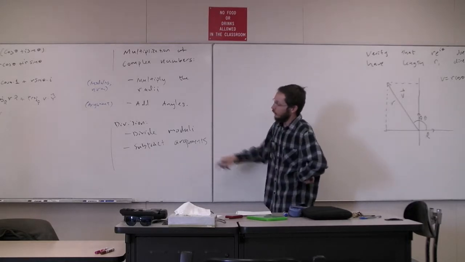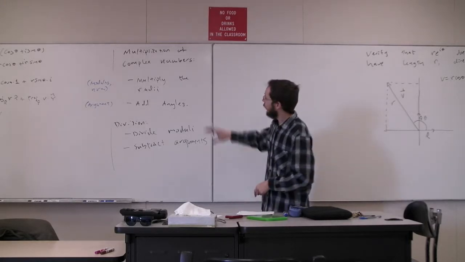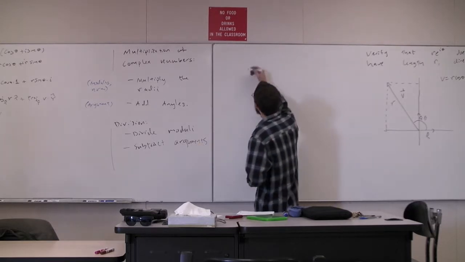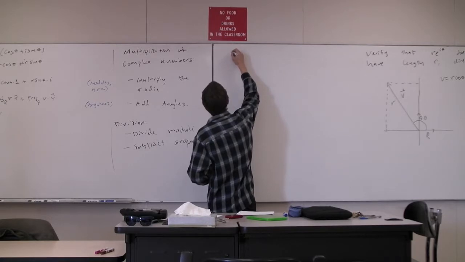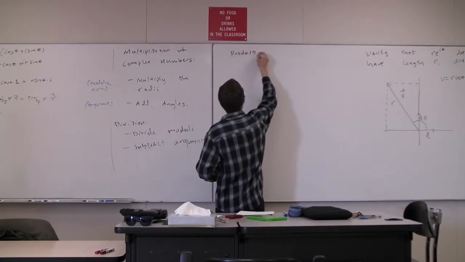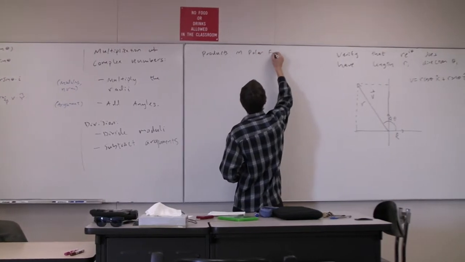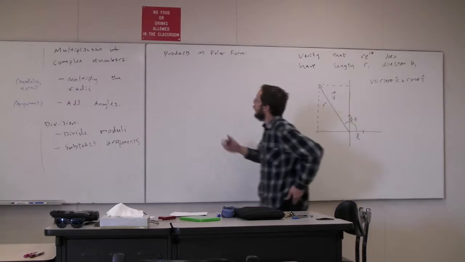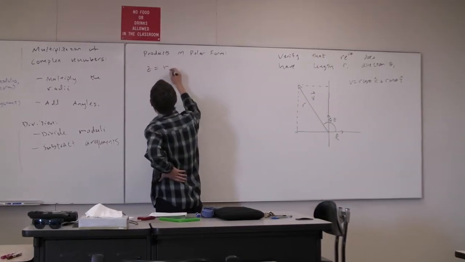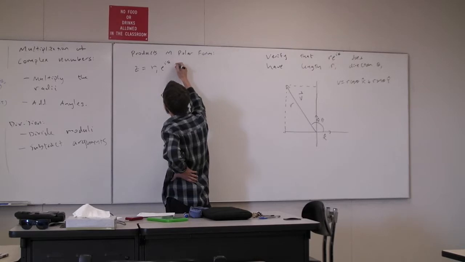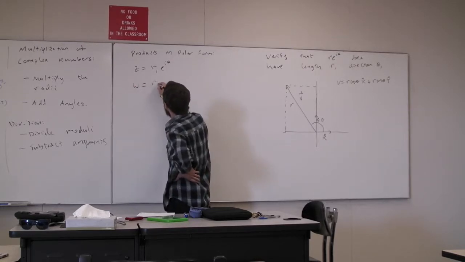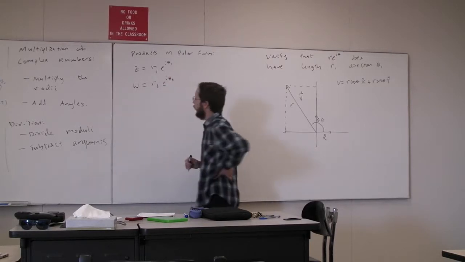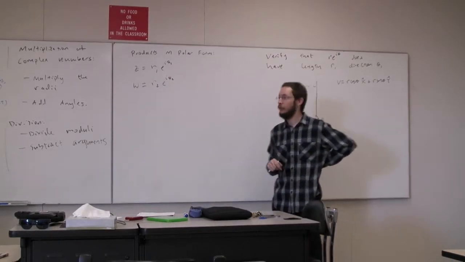So let's go ahead and take a look at how the polar form gives us these interpretations. So if we have two complex numbers, we'll call them z and w. z will be r1 e to the i theta 1, and w will be r2 e to the i theta 2. So there's two complex numbers.